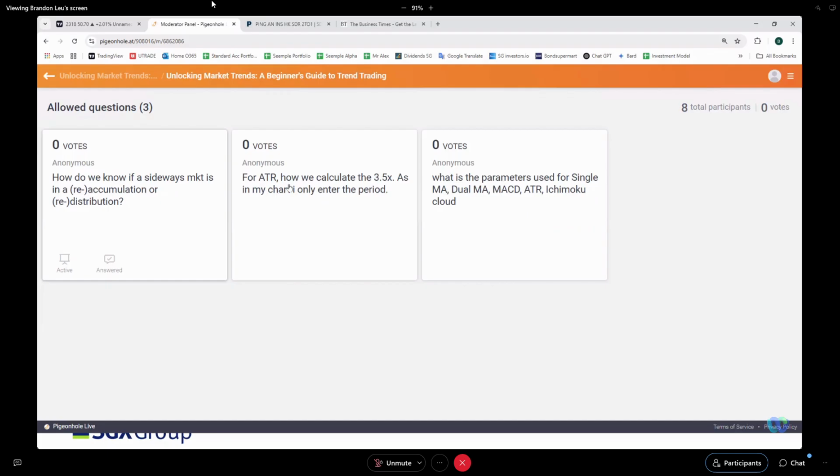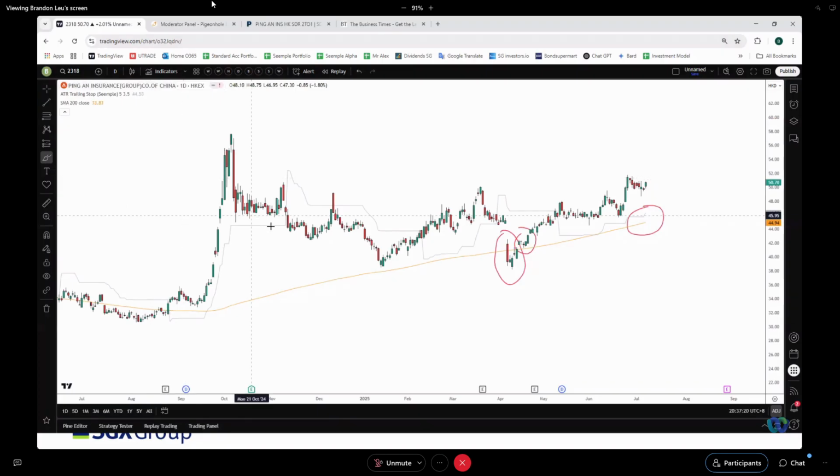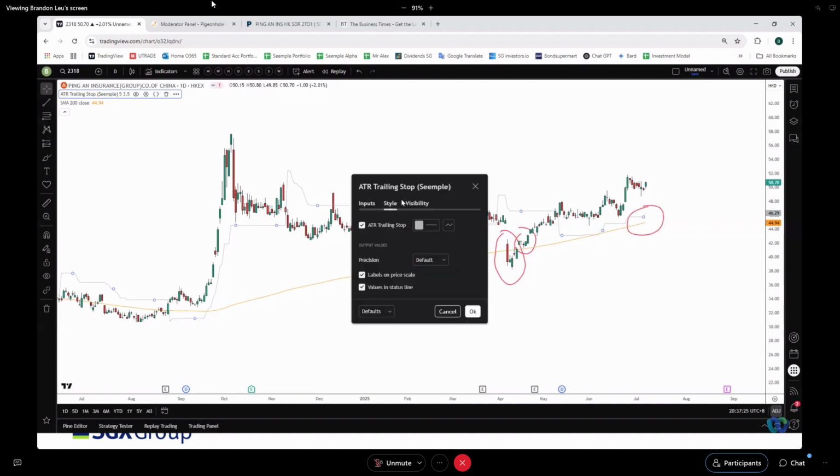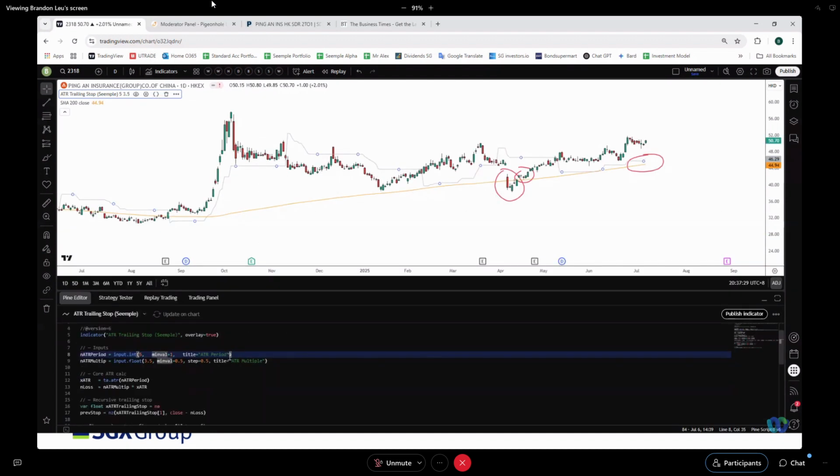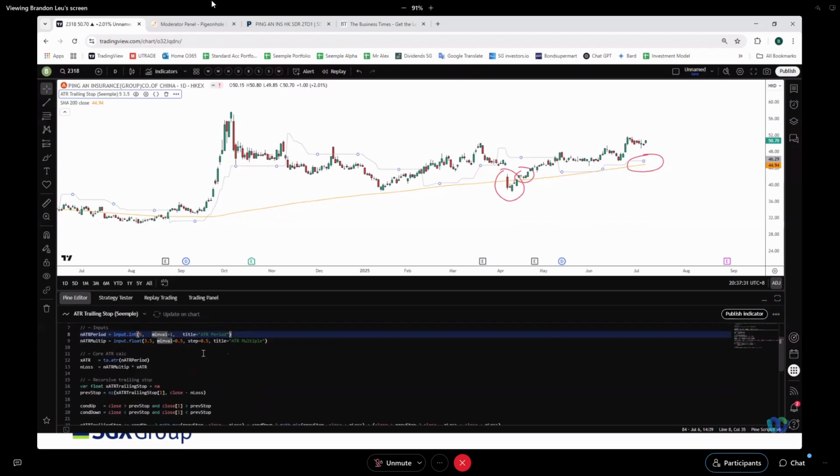Next, for ATR, how do we calculate 3.5? As in my chart, I only enter the period. Okay, so this will need a little bit of coding. Because what you have is the average true range, we will take the average true range and multiply by 3.5.